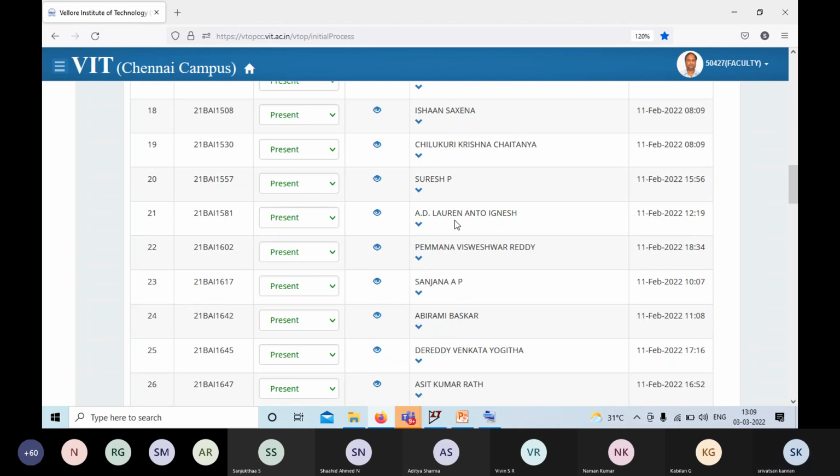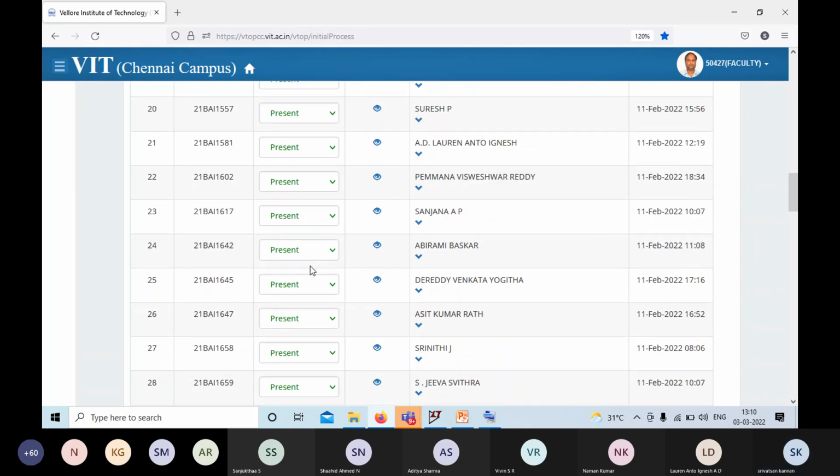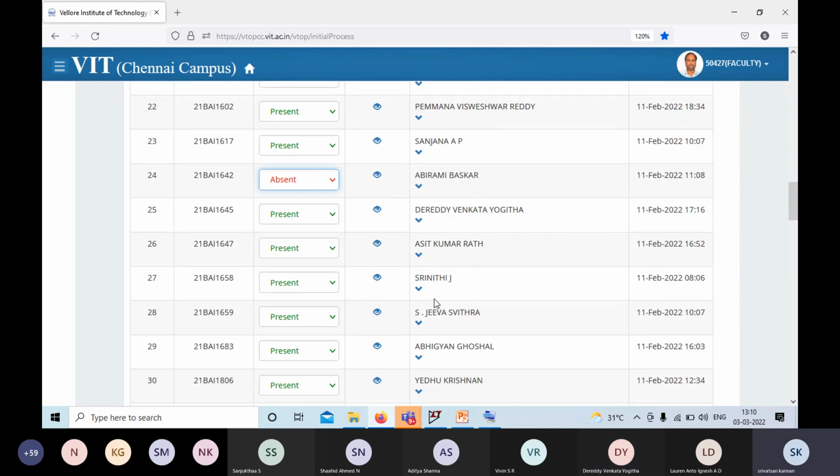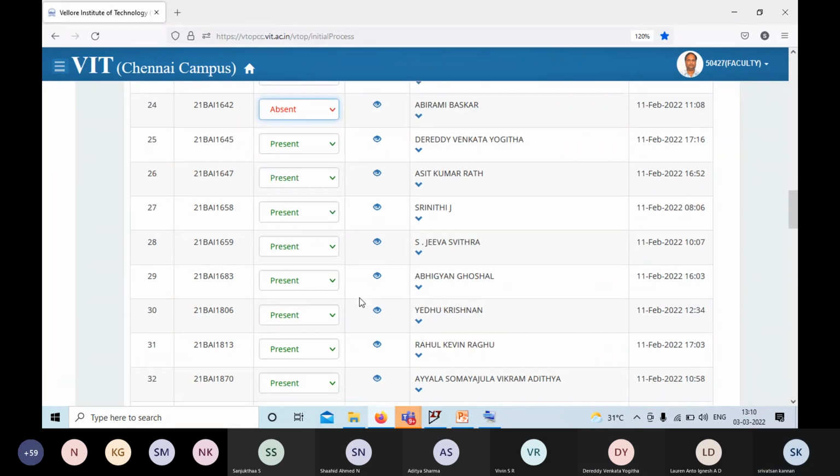Lauren, present, sir. Vishweshwar Reddy, present, sir. Kanchana, present, sir. Abhirami Bhaskar, Abhirami. Venkata Yogita, present, sir. Ashit Kumar, present, sir. Srinidhi, present, sir. Jiva, present, sir. Abhigyan Goshal, present, sir.